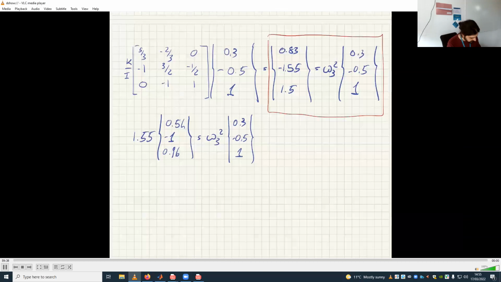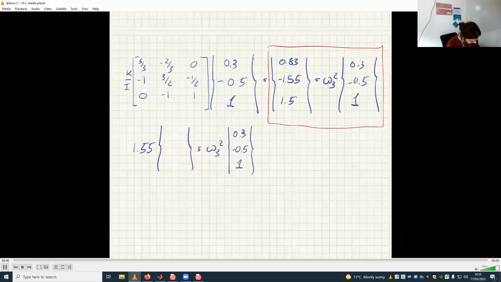So let's choose to make the last one 1, just to keep track of 2 numbers instead of 3. Again, it doesn't matter, it's the same thing, but now your error is spread over 3 elements rather than 2. So it's probably still best to divide by 1.5.